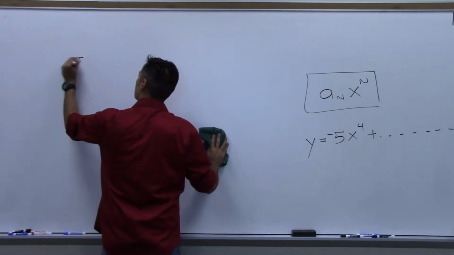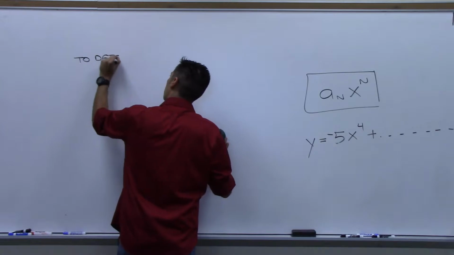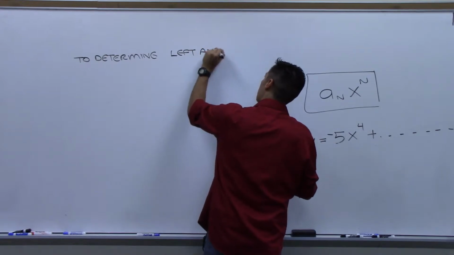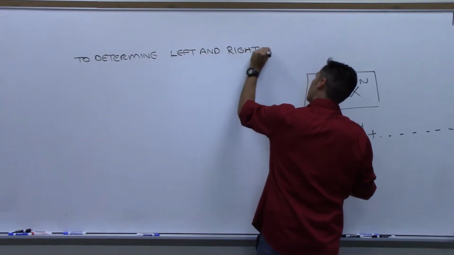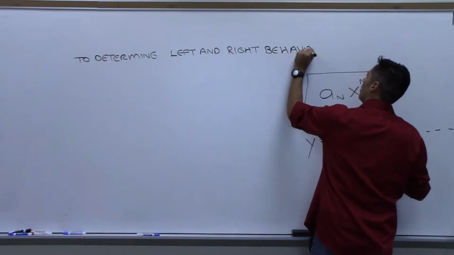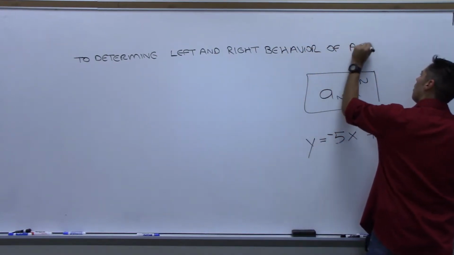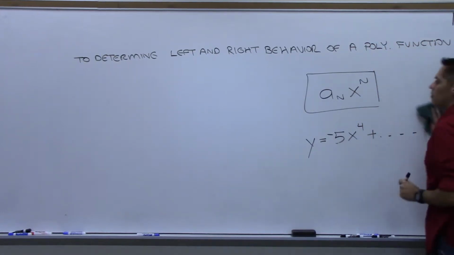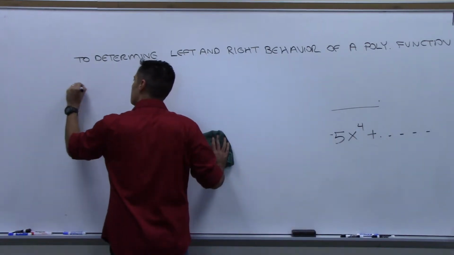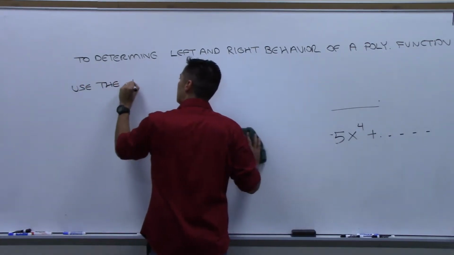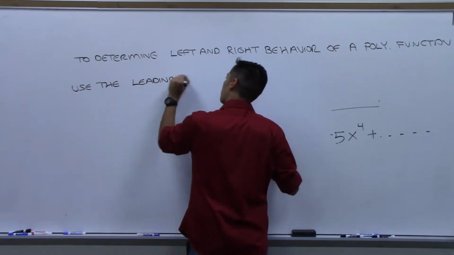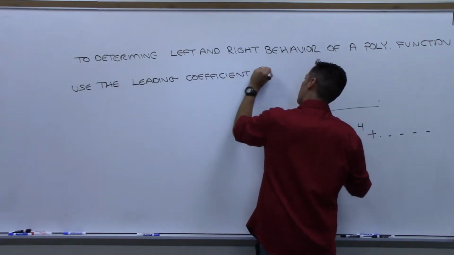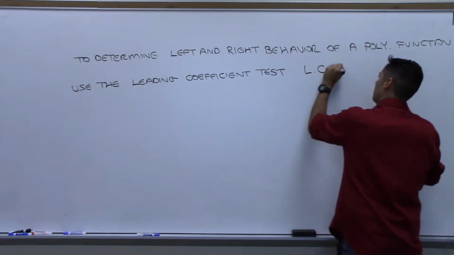So I'm going to write, to determine left and right behavior of a polynomial function, use the leading coefficient test, which I'll refer to as LCT from here on out.